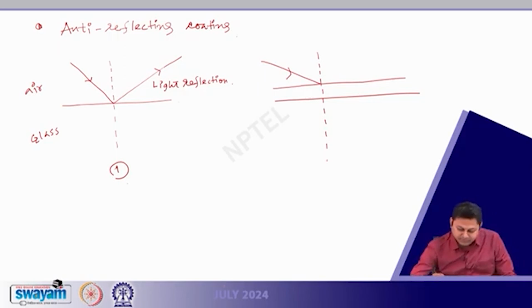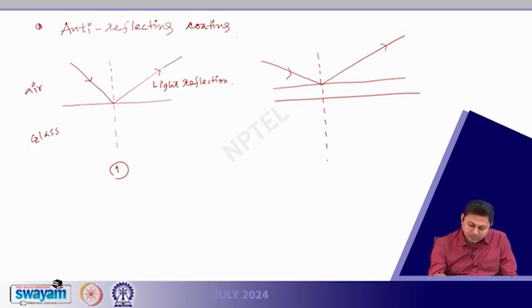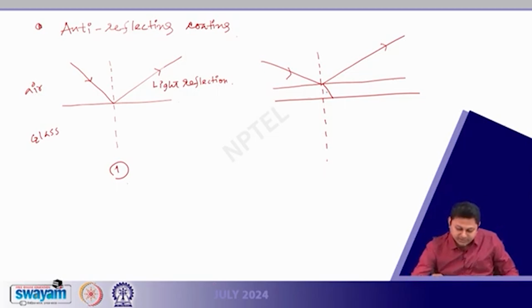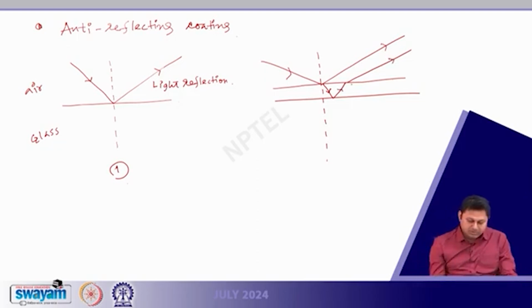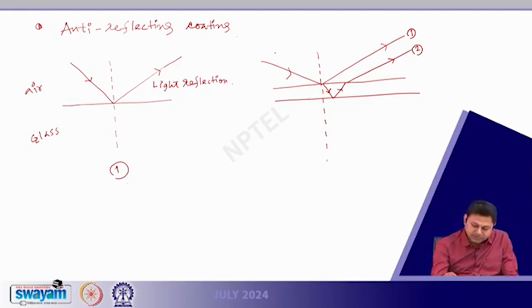Then it will reflect from this surface of this coating, and one portion will go back here, and it will reflect again from the glass boundary, hits here, and then it goes in this direction. So we have now here 2 rays instead of 1. This is ray 1 and this is ray 2, because of the placement of this coating.